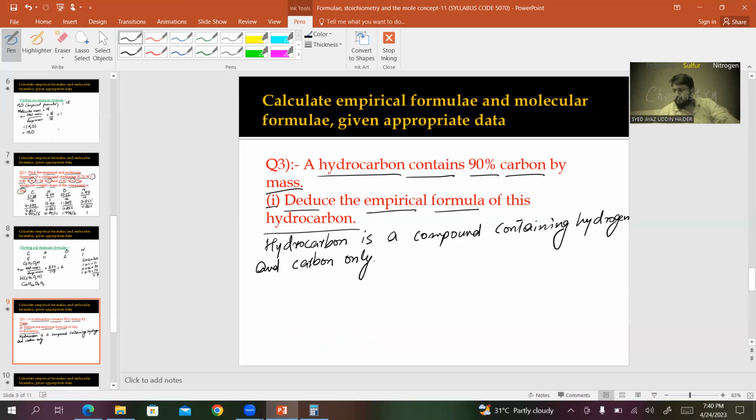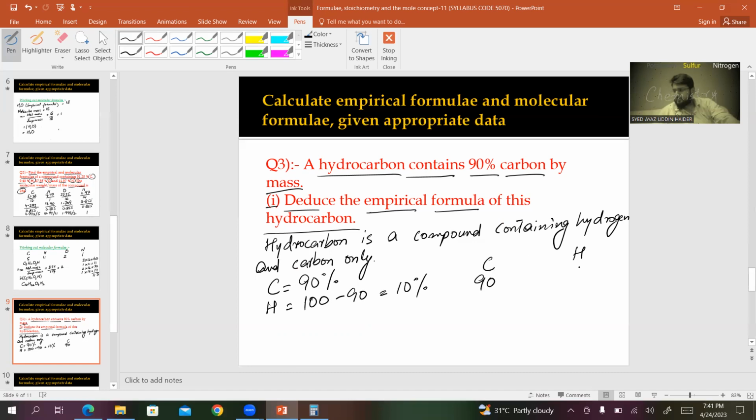So it means this hydrocarbon must contain hydrogen. We need the percentage of hydrogen in this compound. The percentage of carbon is given, just 90%. In order to calculate the percentage of hydrogen, we'll subtract this 90% from 100. We'll get 10%. So the percentage of hydrogen is 10.